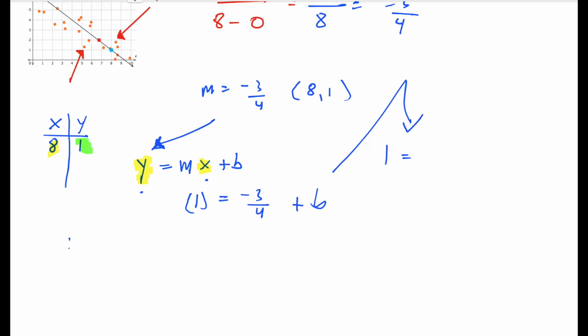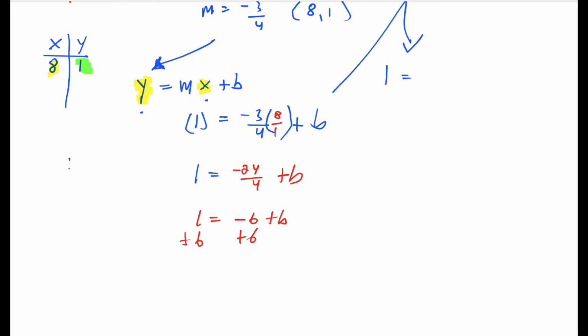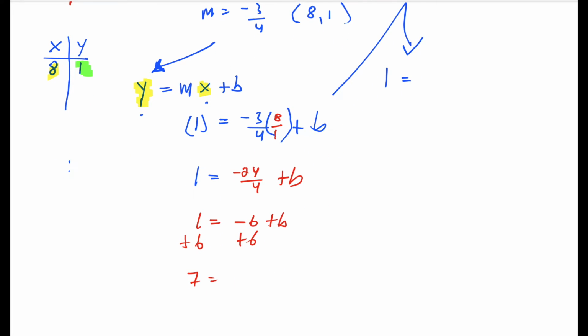Let's plug that in right here. 8 over 1. So we get 1 equals -24 over 4 plus b. Okay, that's good. Go plus 6. All right, and then we have 7 equals b.